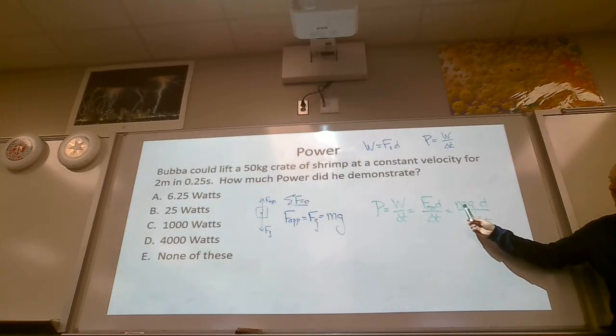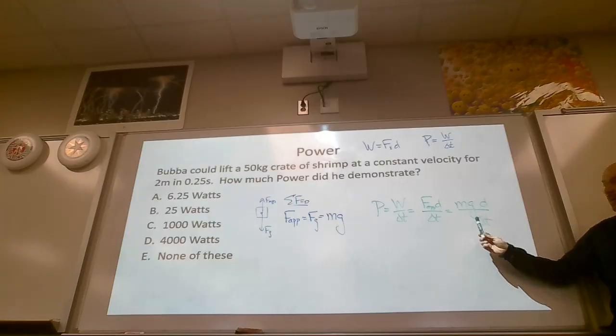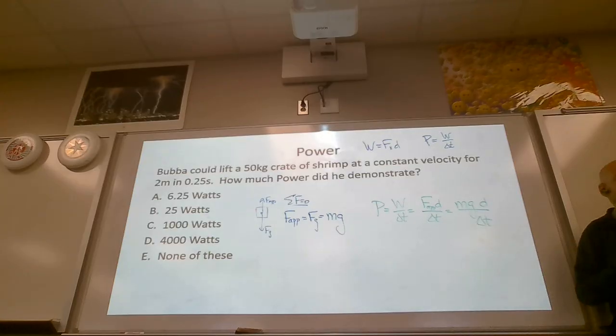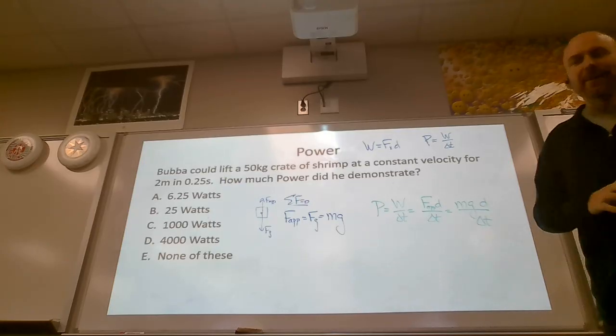So we had 50 kilograms times 10, so 500 newtons, times a distance of 2 meters, so 1,000 joules, divided by a fourth of a second, gives you 4,000 watts. Good with that? Okay. Remember, you got bridges due on Monday.